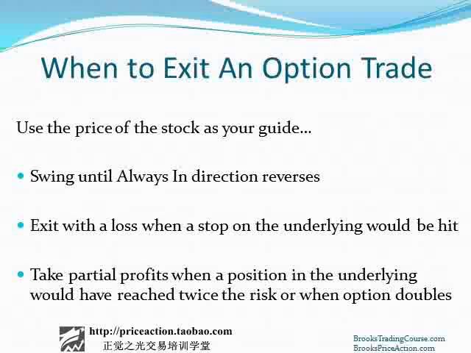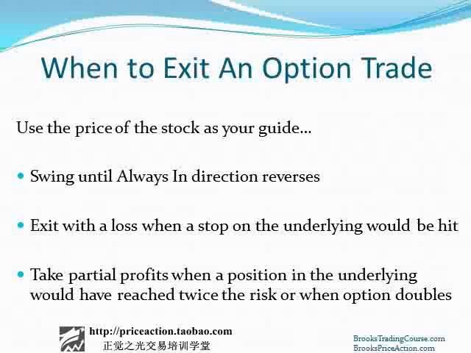If the profit, had you taken a position in the underlying, would have reached twice your risk, or if the option itself doubles in price, that's a good time to take half off, or sometimes even your entire position off.